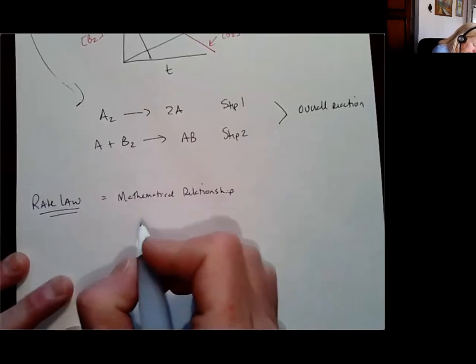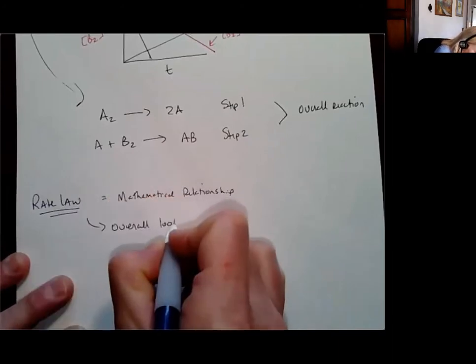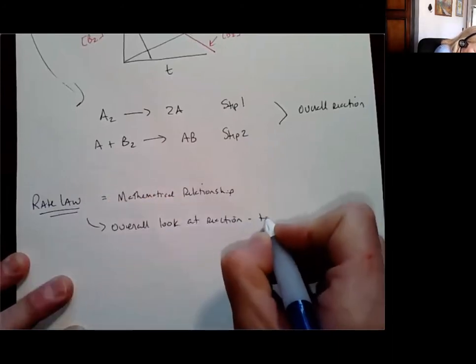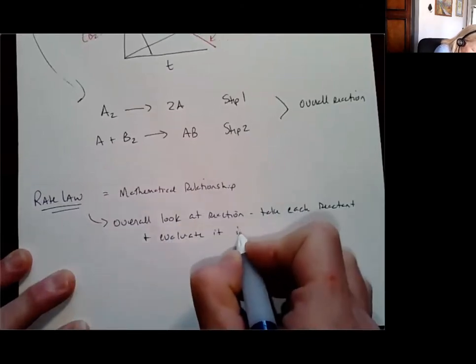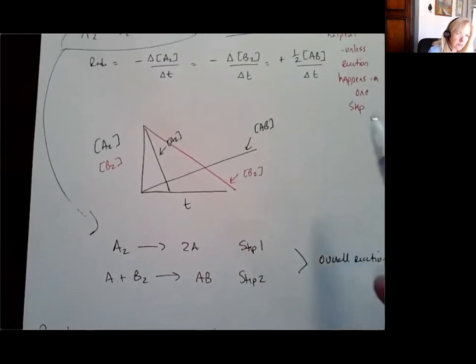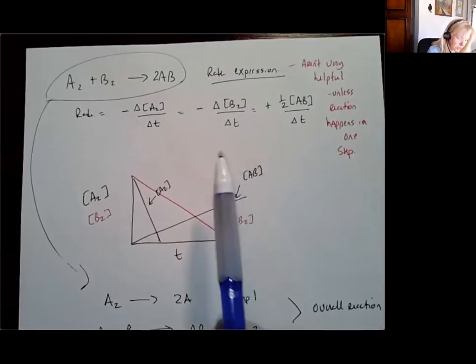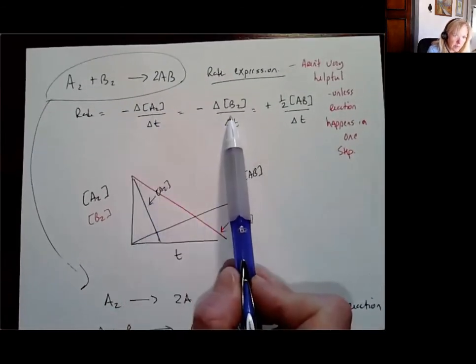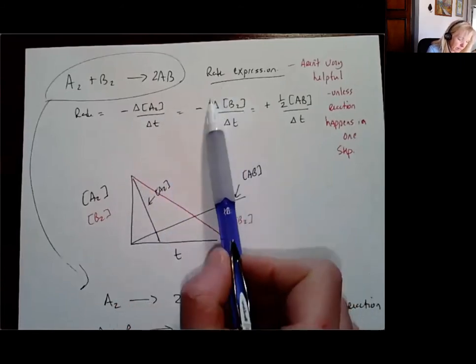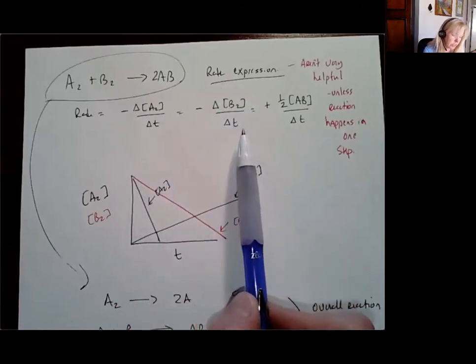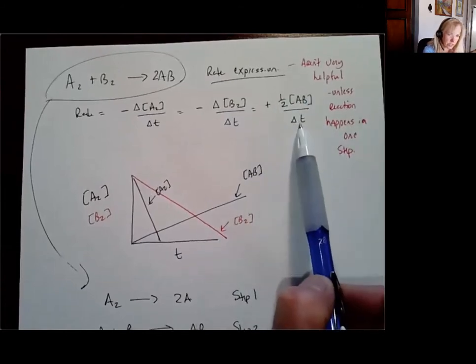This is going to give me an overall look at the reaction, but I'm going to take each reactant and evaluate it independently. So I can no longer do this blanket rate expression where I treat A2 and B2 the same, and I say that as this concentration decreases, that equals the same amount of this concentration decreasing, which equals 1/2 of this concentration increasing.